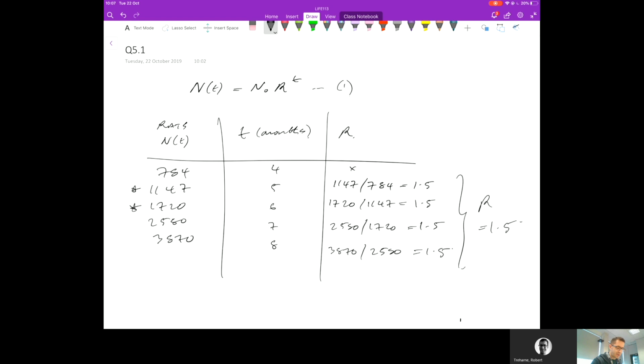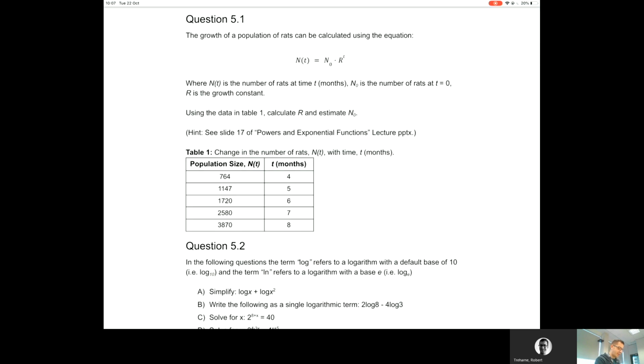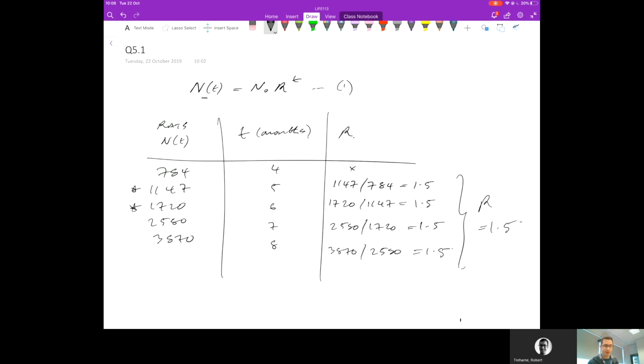Okay, let's go back and have a look at the question. So I've calculated R, or rather I've estimated R, just simply by looking at the data. Now I want to estimate a value for N0, in other words, the number of rats at t equals 0 months. So I can now use this equation 1.